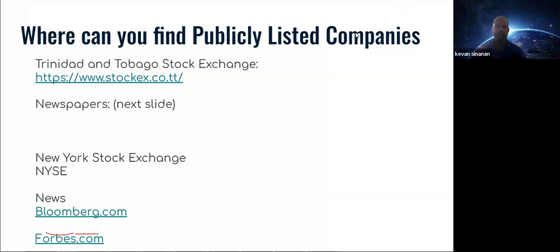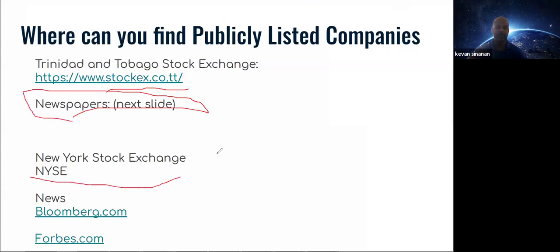Just in case you're curious about where you could find information on publicly listed companies, you could find that information on the stock exchange. Remember, we're saying publicly listed companies. You could find them in the newspapers, which I'll show you in the next slide.